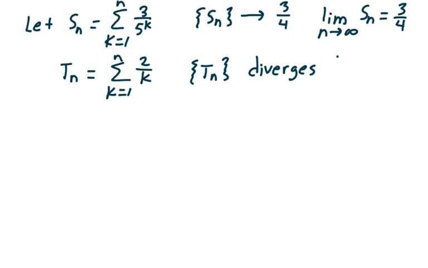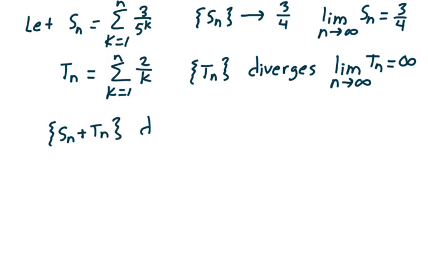And so remember, you're adding up positive terms, so if I take the limit as n goes to infinity of that sequence of partial sums, I get infinity. And so that's going to force this sequence to diverge. There's no choice.